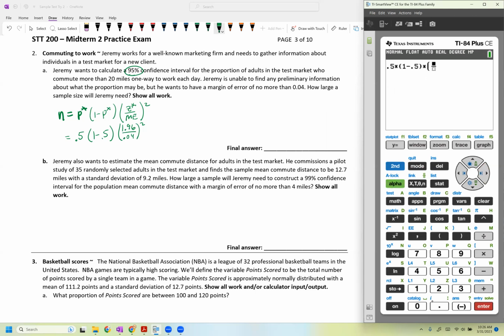All right, and my fraction is 1.96 divided by 0.04. I set that up in the wrong spot. 0.04, close, and square it. There we go. Hit enter.